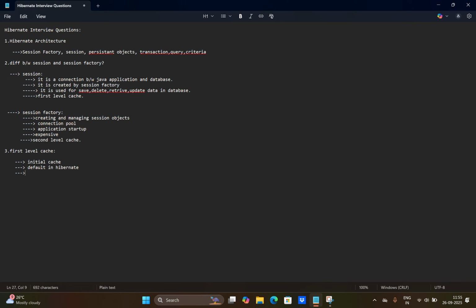Actually, the first level cache is associated with the session object only. The data stored in the first level cache is accessible only to that session, which maintains it. We cannot disable the first level cache, it is always enabled.